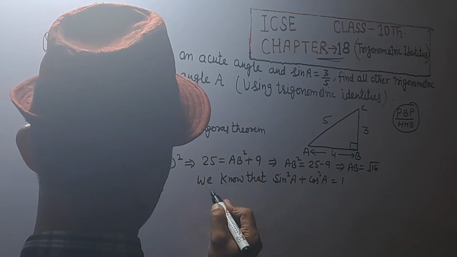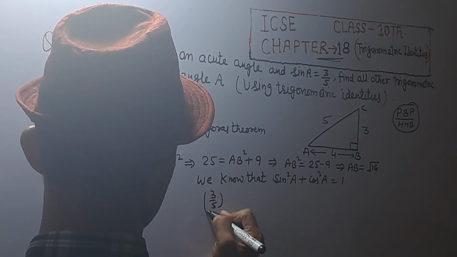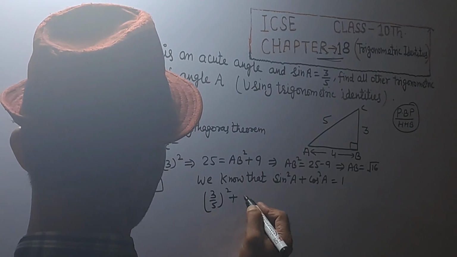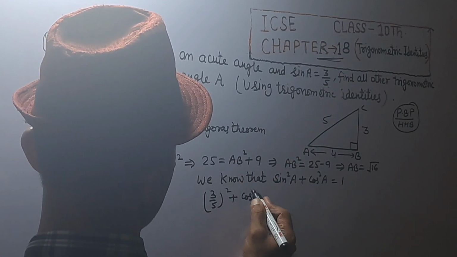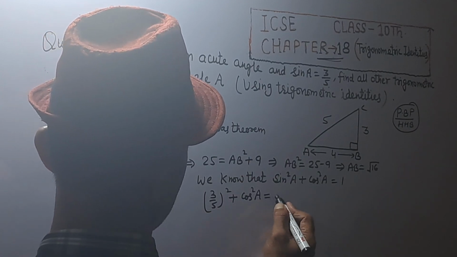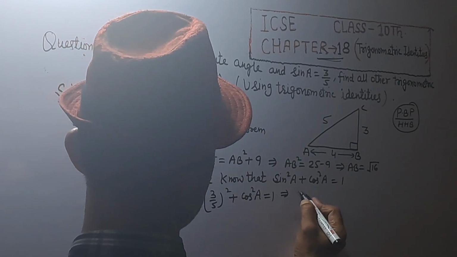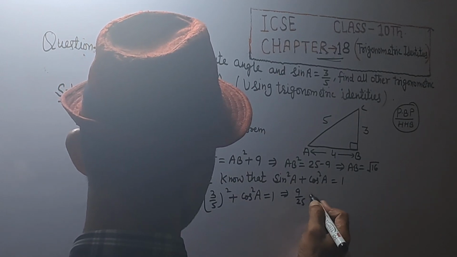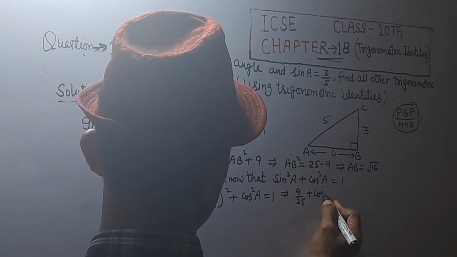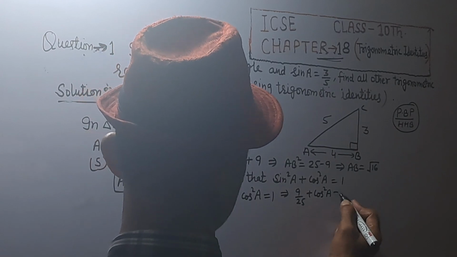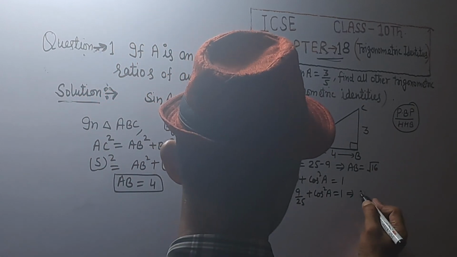Sin A is 3/5. So 3/5 raised to power 2 plus cos square A is equal to 1, which implies 3 3s are 9 over 5 5s are 25, plus cos square A is equal to 1.